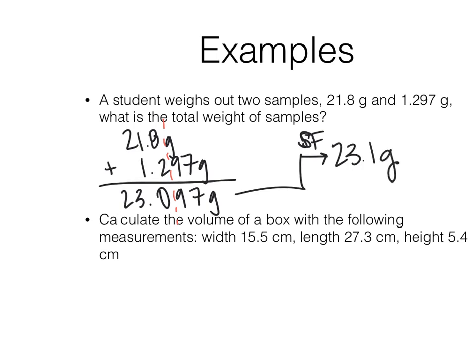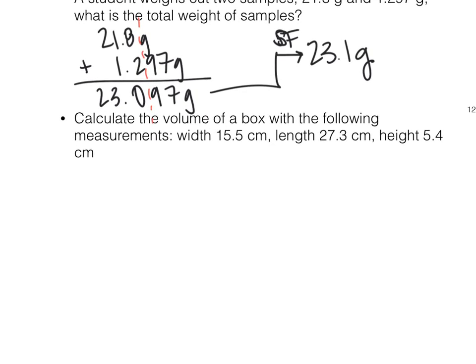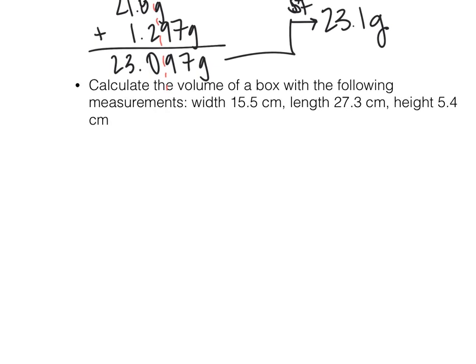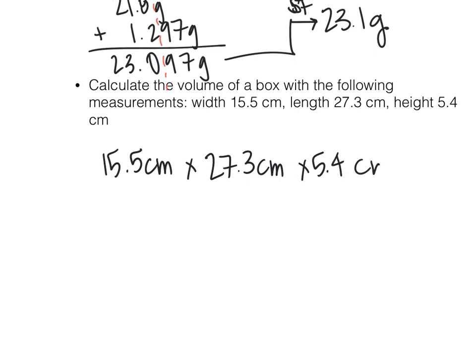So it's going to be 23.1 grams. So in this example, we want to calculate the volume of a box with our 3 values, 15.5, 27.3, and 5.4 centimeters. So we're going to take 15.5 centimeters, multiply by 27.3 centimeters, times 5.4 centimeters.